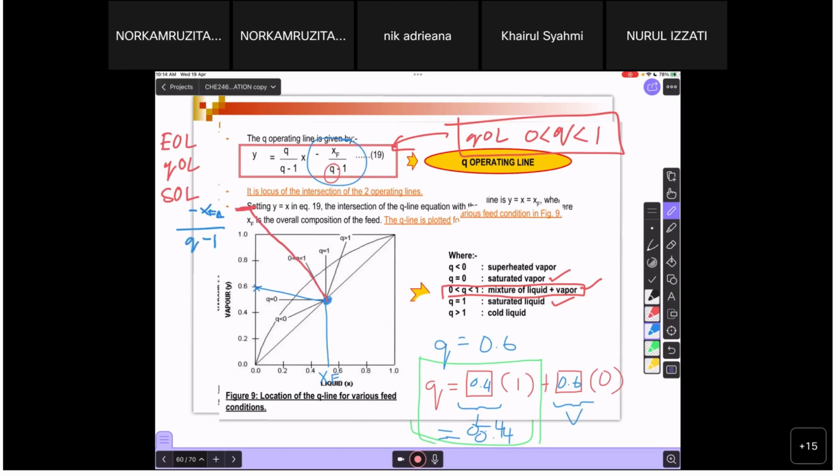Where can you get the value of Q? That is another problem, kan? So how do you get Q?